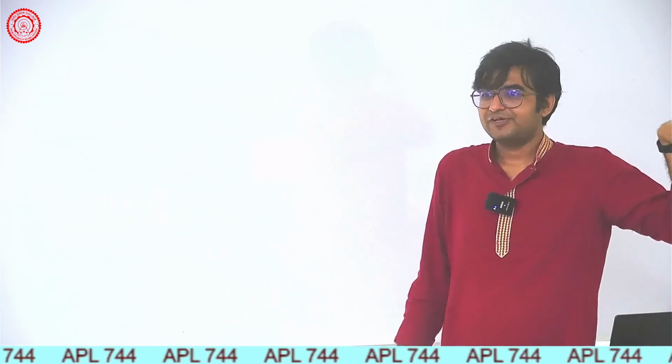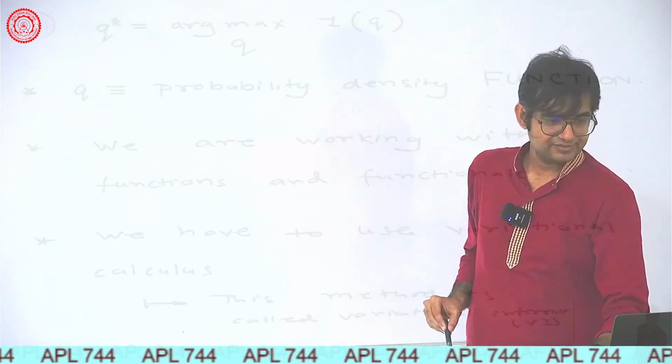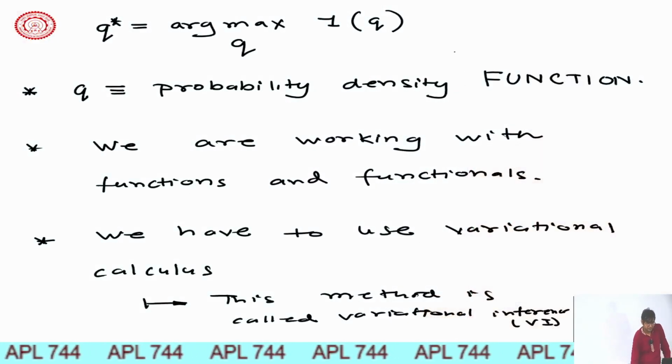L_Q. By the way, L_Q has a name. What is L_Q? It is the lower bound of the evidence. You follow or not? So, ELBO is the method known as ELBO optimization, which stands for evidence lower bound optimization. This thing is known as ELBO.